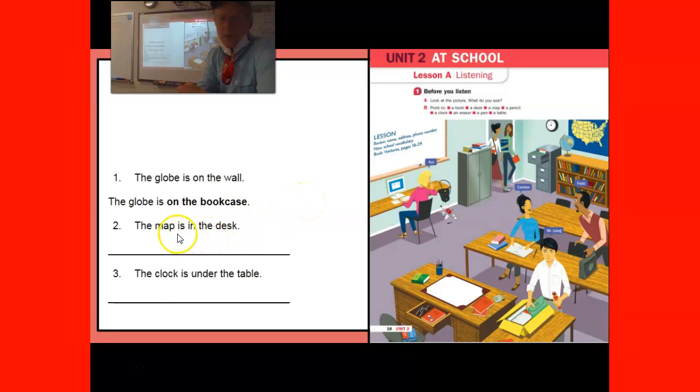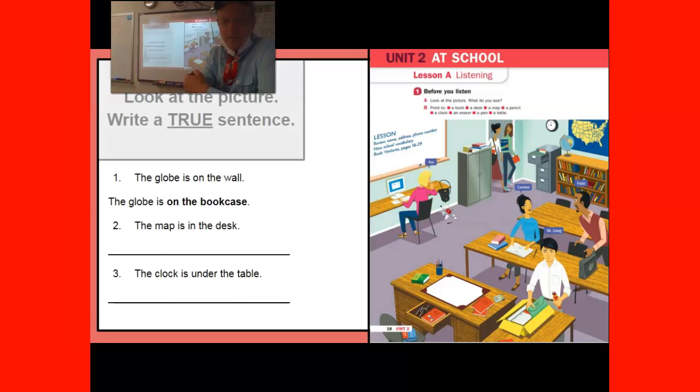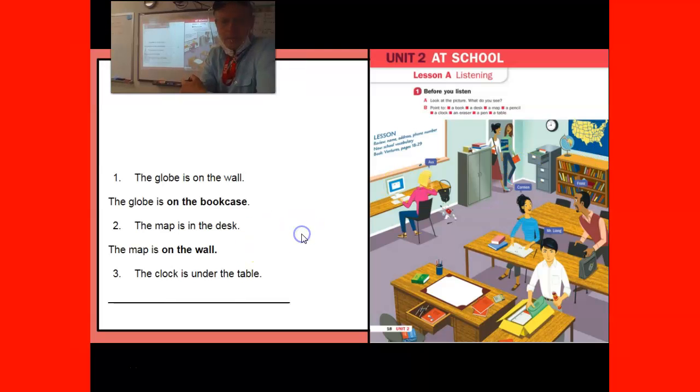Okay, so do you see the map? Where's the map? What do we say? Is it in the wall or on the wall? Good job. Let's take a look at that. Here it is. The map is on the wall.